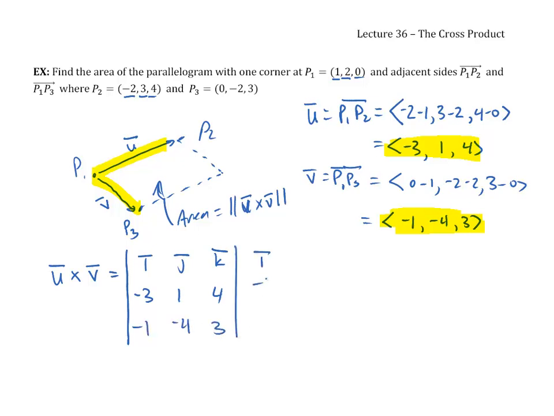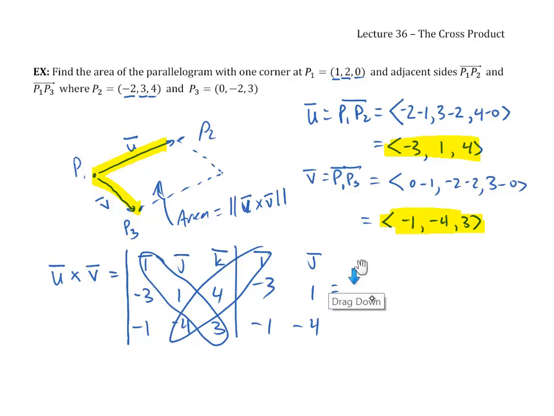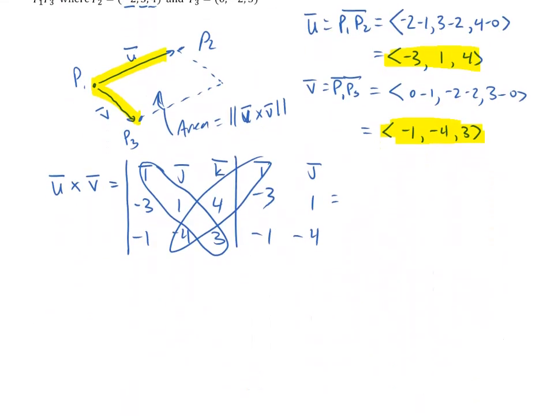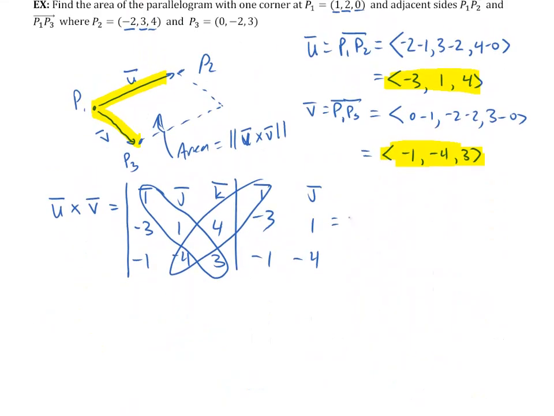Put an i, -3, -1, and a j, 1, -4. The forward diagonal minus the back diagonal for the i's gives me 3 minus a -16.